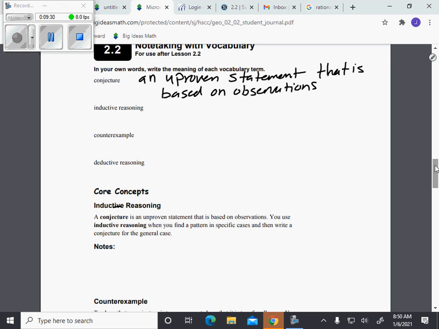Okay? Inductive reasoning. Inductive reasoning is finding a pattern in specific cases and then writing a conjecture.